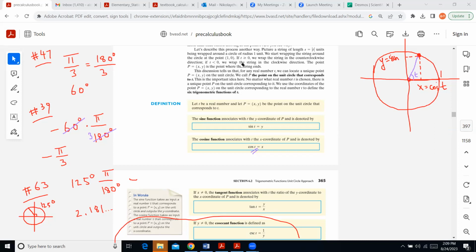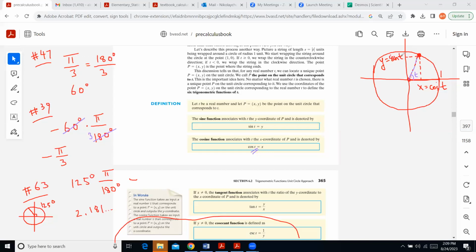So x coordinate is the cosine of the angle produced by taking a point and connecting it with the origin, and y coordinate is the sine. So sine and cosine of this angle t, or sometimes they use the Greek letter theta.